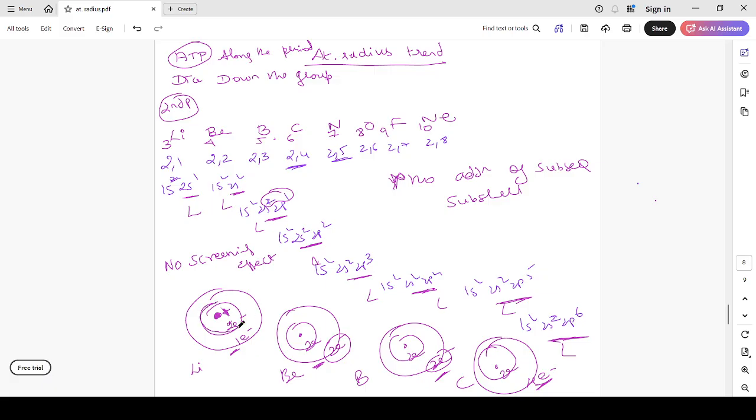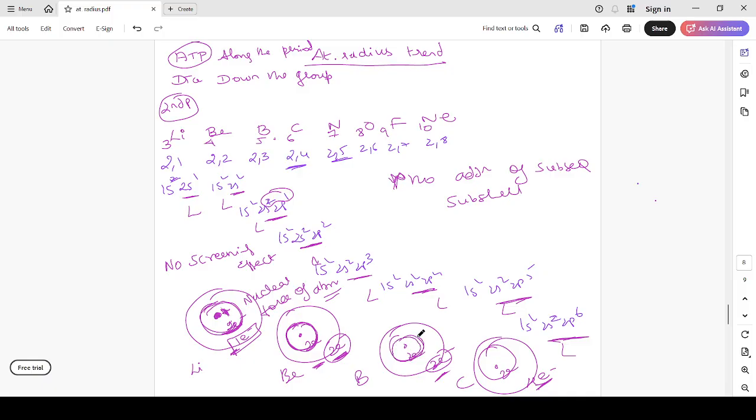There is a first shell here which is having 2 electrons. This is shielding the nuclear force of attraction on the 1 electron that is present in the outermost shell. What about here again? Same 2 electrons only, which is shielding the 2 electrons here.